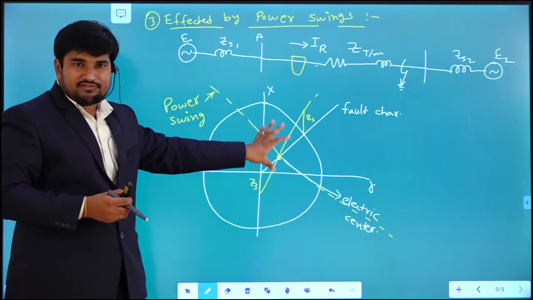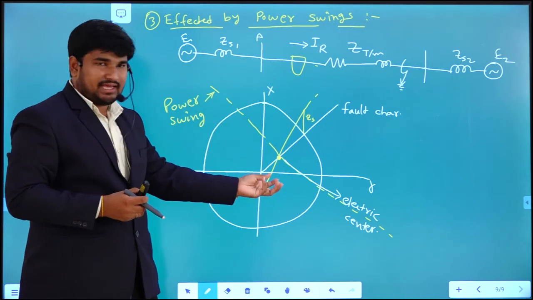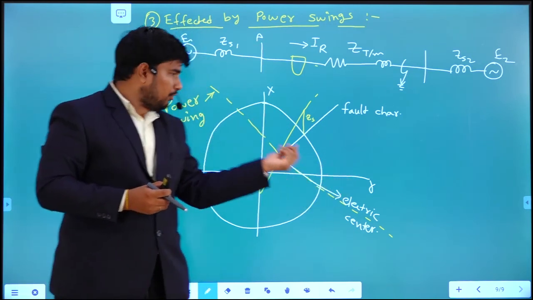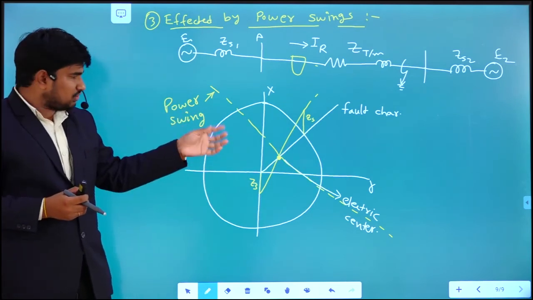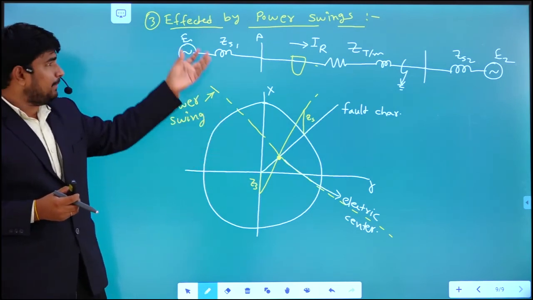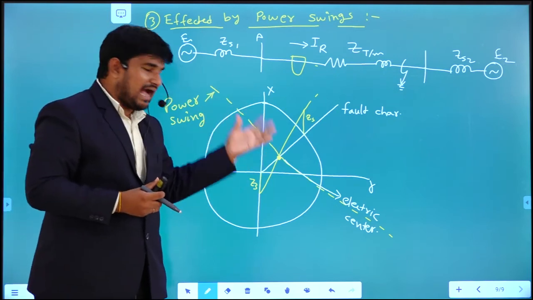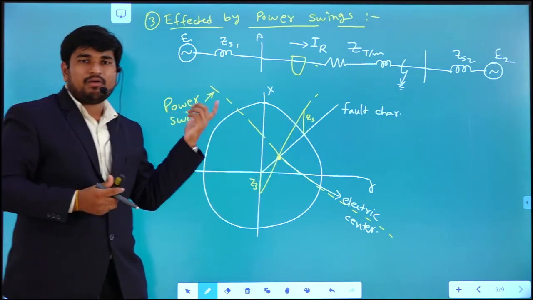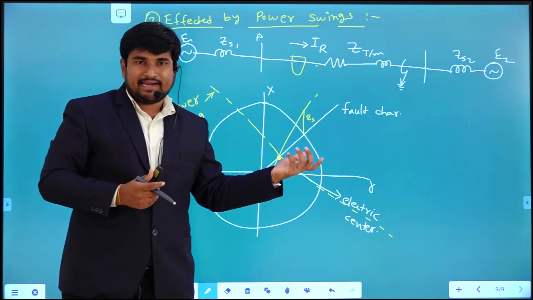For example, if the area of the impedance relay is very small, there is less chance of being prone to power swing, right? So that's why, because the impedance relay has a large area, the power swing problem will be greater.